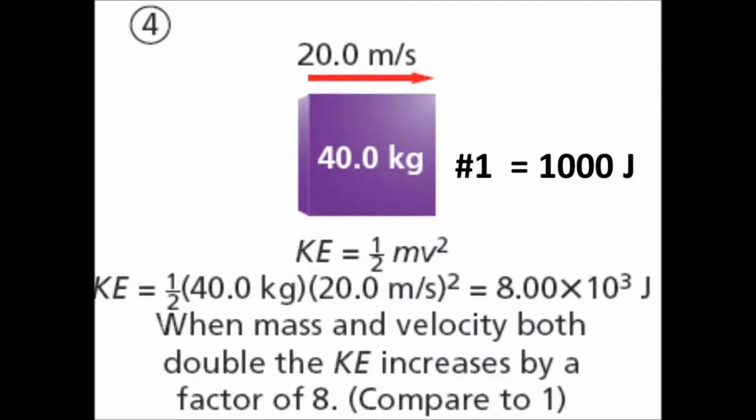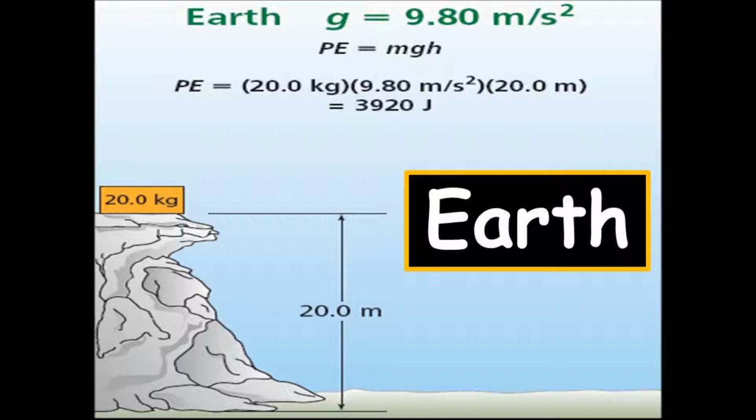Those values are no joke. It's unbelievable. I'm going to double the mass, double the velocity, and it's going to increase the kinetic energy by a factor of 8. Instead of 1,000 joules, it'll be 8,000 joules. So consider that before you speed, especially speed in an SUV.